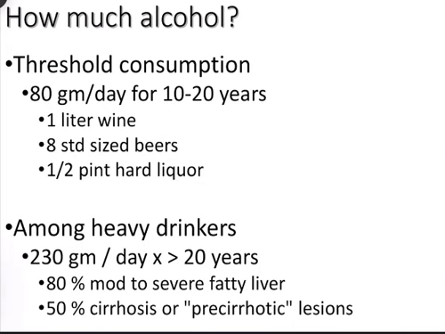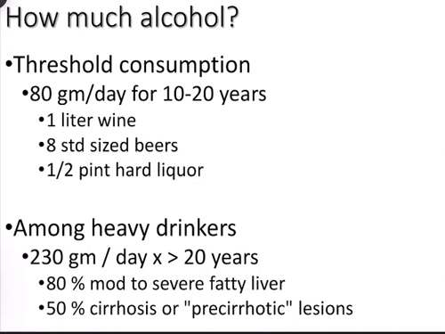Among heavy drinkers, we have 230 grams per day for greater than 20 years. So what is that? 80% of moderate to severe fatty liver can occur. 50% of this is cirrhosis or pre-cirrhotic lesions found in the liver.